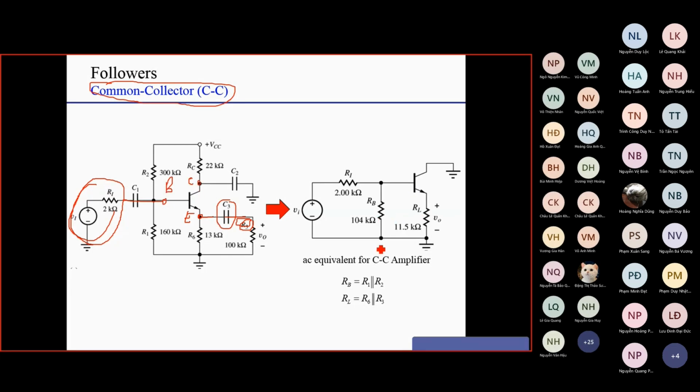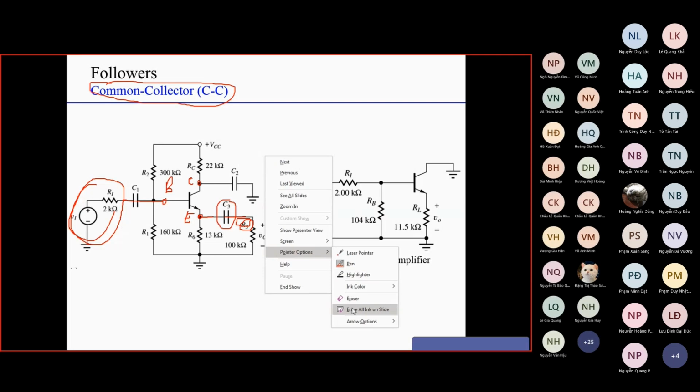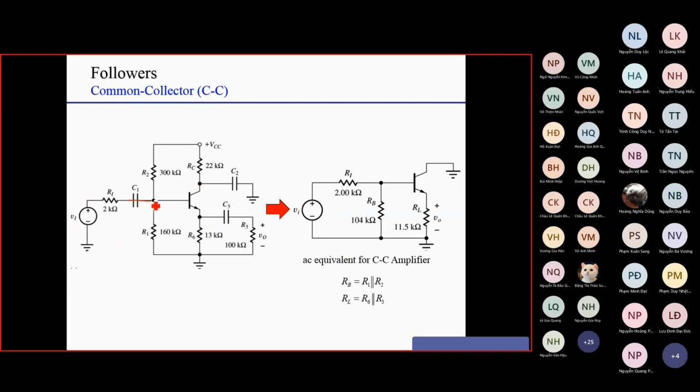Okay, so here is the AC equivalent. In AC mode, C1 is short circuit, C2 is short circuit, C3 is short circuit. So you can see here, if C2 is short circuit, the collector is immediately connected to the ground. The base is connected to R2 and R1 in parallel to the ground.